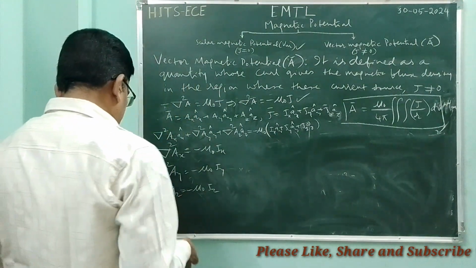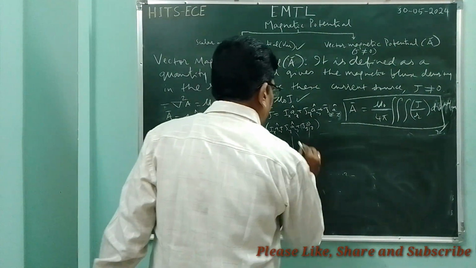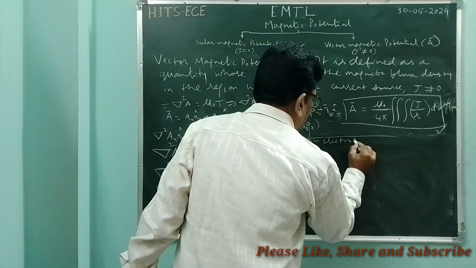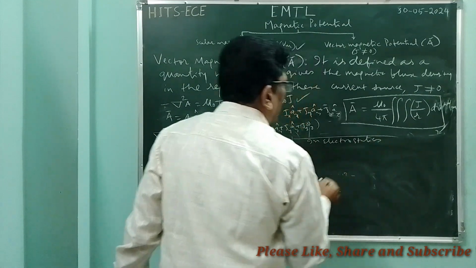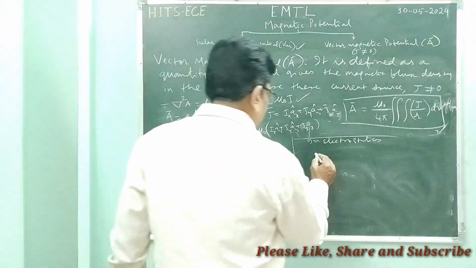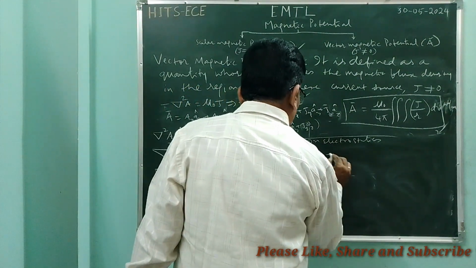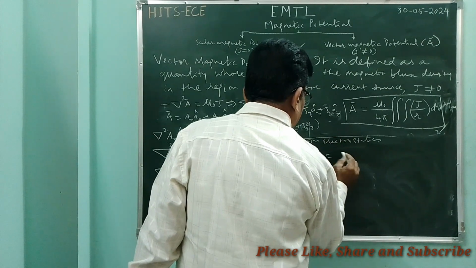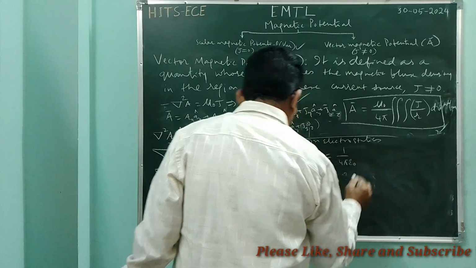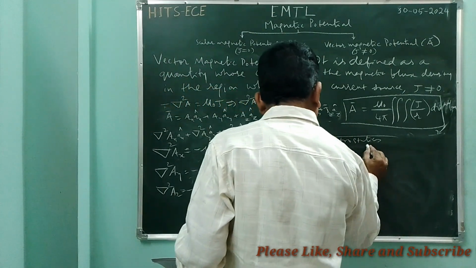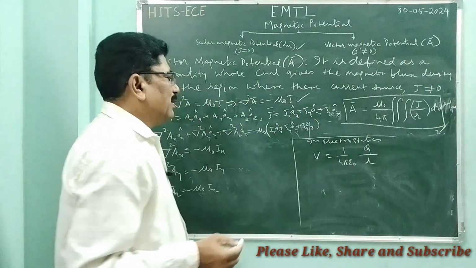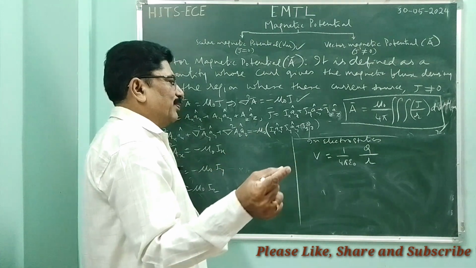But in electrostatics, we have already derived this. Our aim is to find out this expression. In electrostatics, what is V? V is the electric potential at a point, which is 1 by 4 pi epsilon into Q by R, where R is the distance between the given point and the charge.